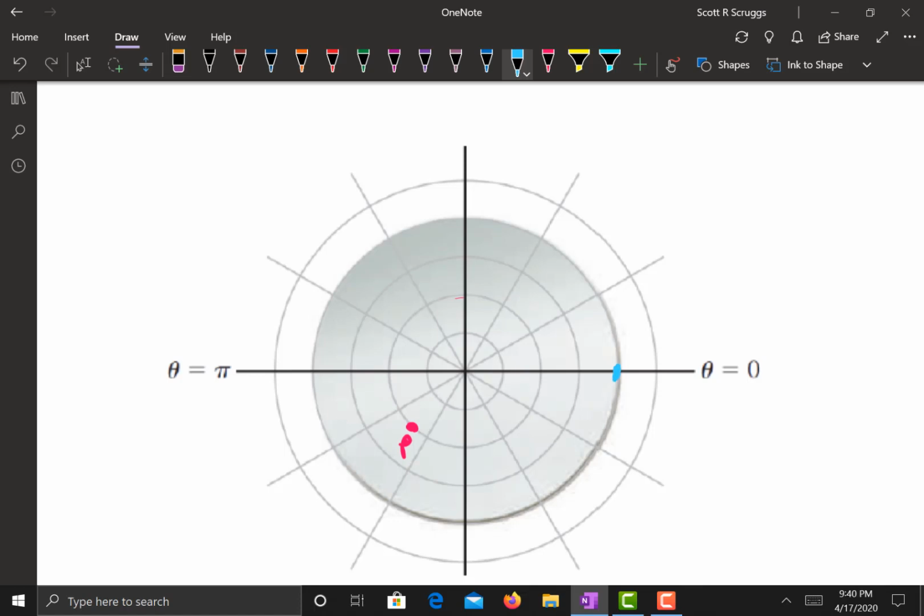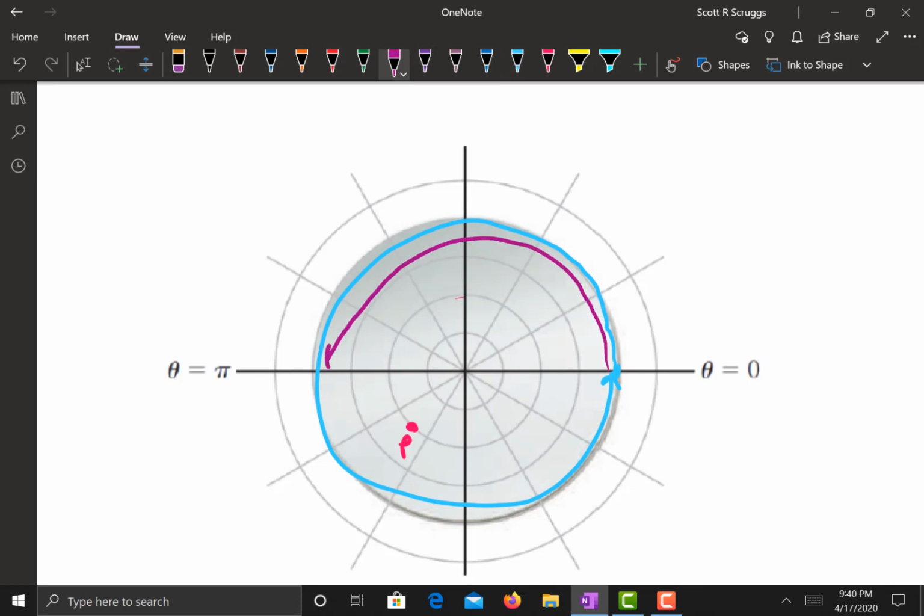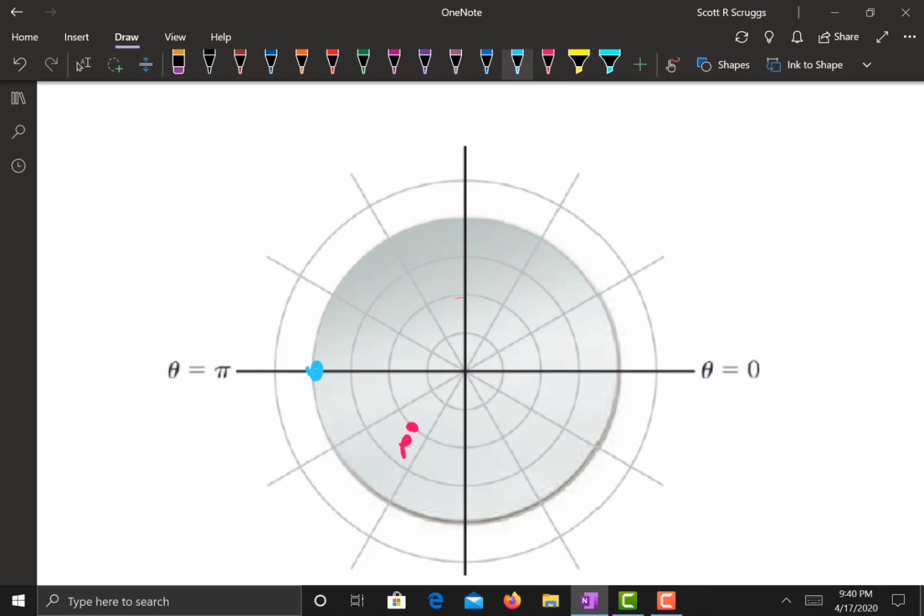So I'm going to start up here, and it says I rotate 3 pi radians. Keep in mind that a circle is 2 pi. That means I did a 1/4 rotation about the circle, and then I performed another rotation for the extra pi unit, which means I end up there. So let's erase that to make that clear. And there's my point Q.